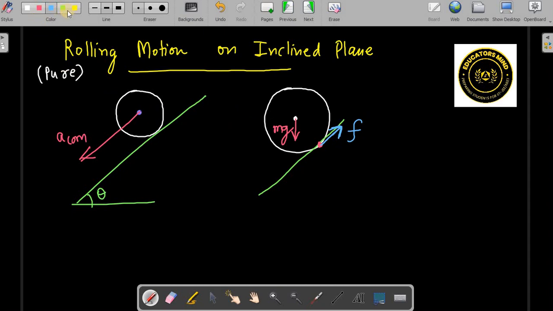So two forces you can take, and another force is mg. Then the normal force. The line of action of the normal passes through the center of mass.